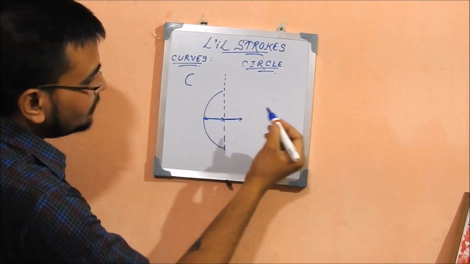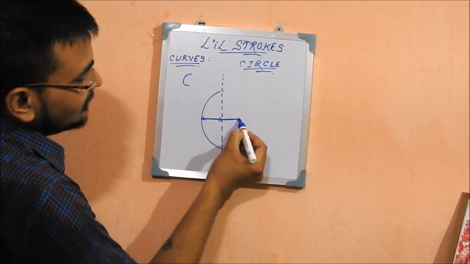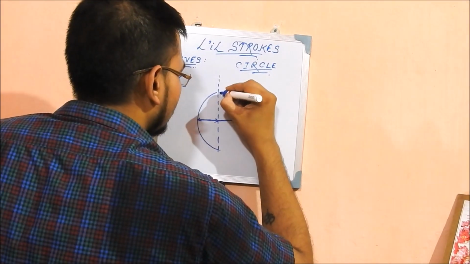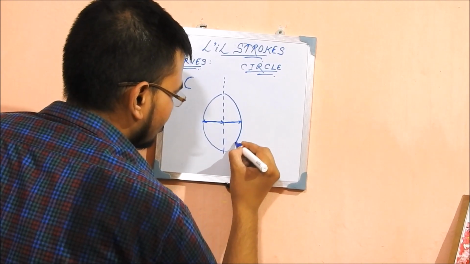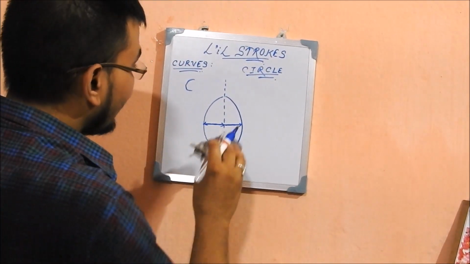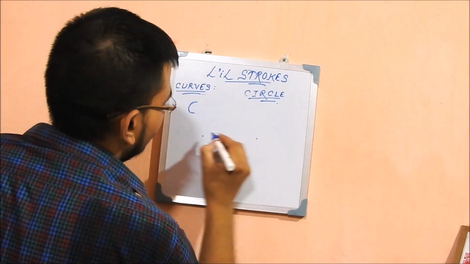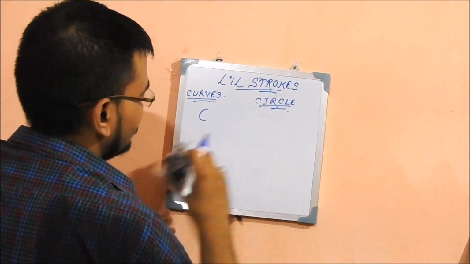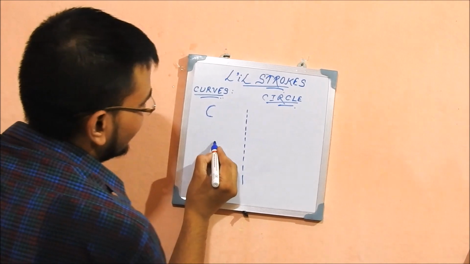Now what you have to do, same thing what you have already practiced, you have to start from here, you will stop here, and this is your maximum height. So what you will do, you will fix your hand, now for drawing a circle, you have to take the height more.